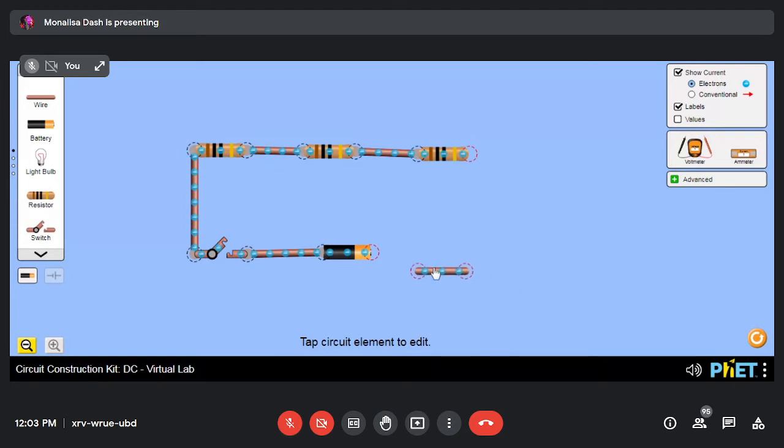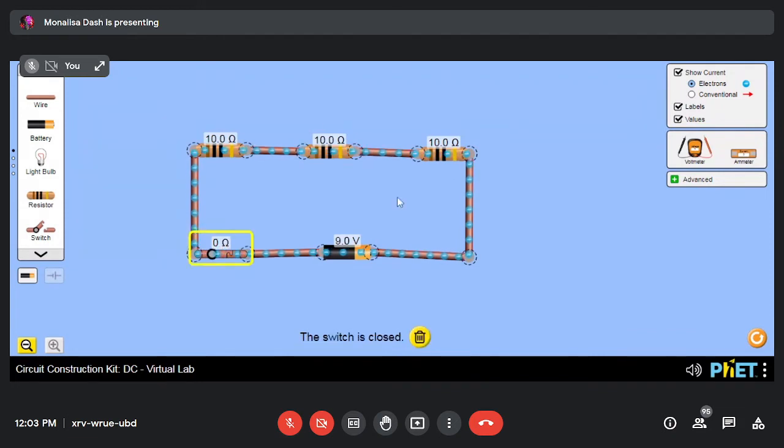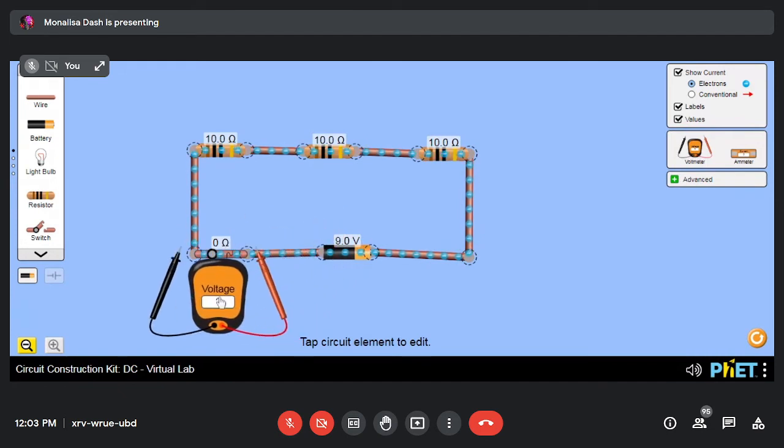See, completed. Got it? Then you have to verify in this circuit.